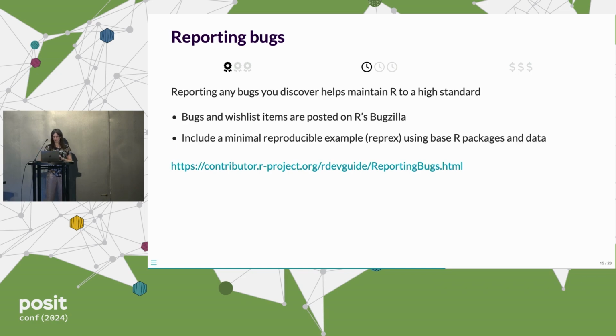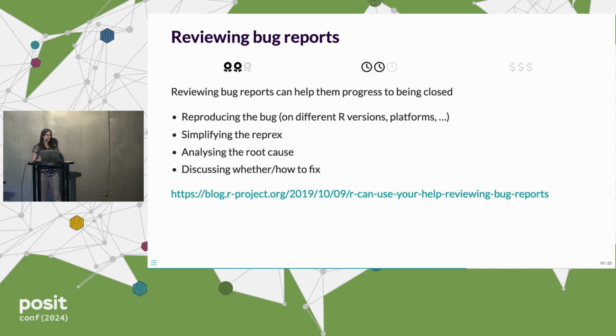add-on packages. If you've got a little bit more experience and time, then you can also help by reviewing bug reports. For example, you can help by trying to reproduce a bug in different versions of R or on different operating systems, different graphical devices.